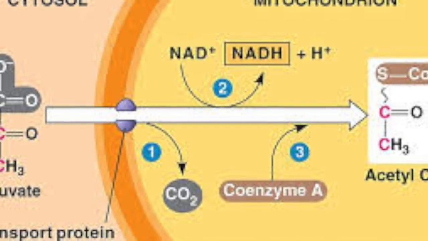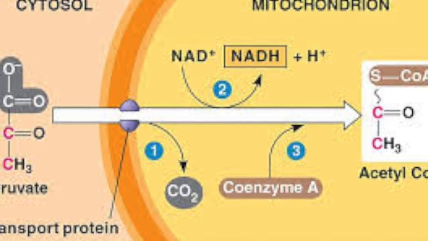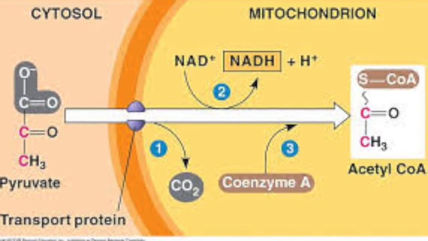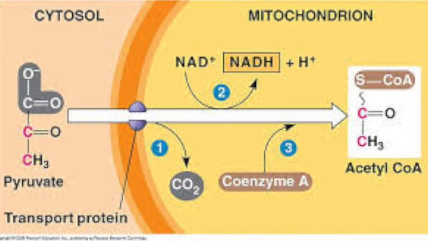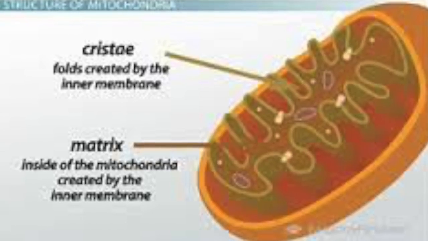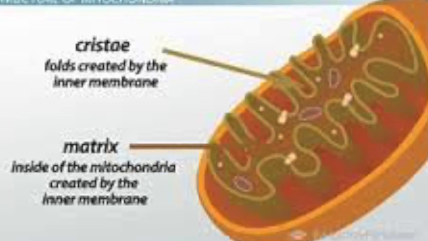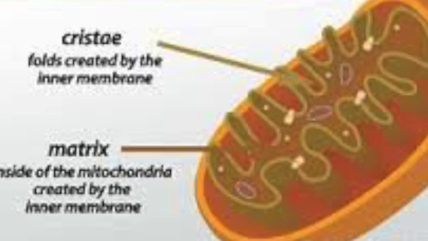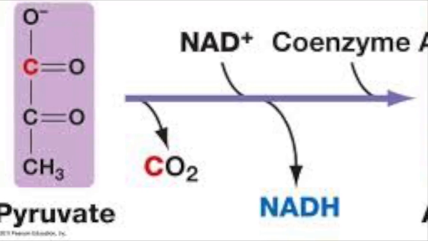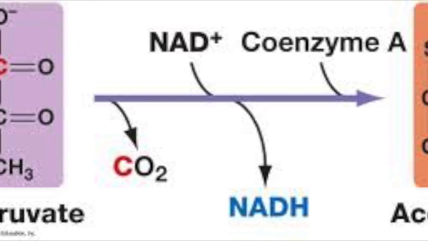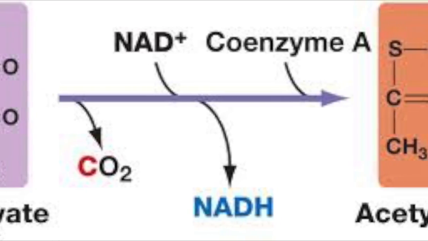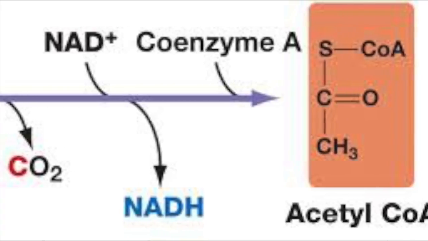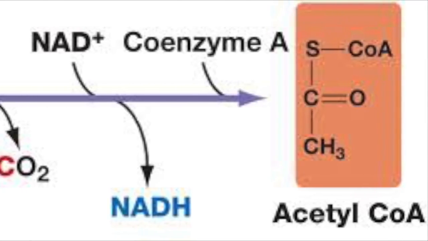The second stage of cellular respiration is the conversion of pyruvate into acetyl CoA. This part of the process occurs in the matrix of mitochondria in eukaryotic cells. The pyruvate is first transported to this matrix where it can give off CO2 after being oxidized. Electrons from this process are combined with NAD+ to be reduced into NADH, an electron carrier.